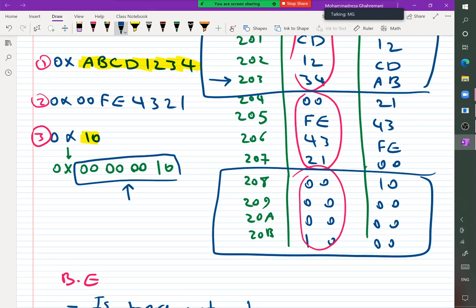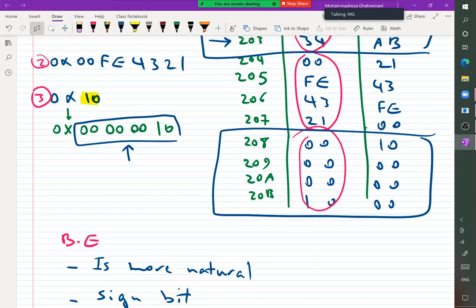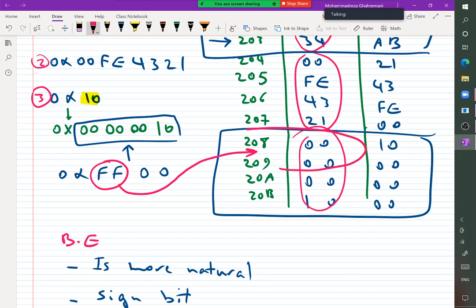And if we want to convert it to another number, let's say add this number with FF00, something like this, and find the effective address, we can simply bring these 2 bytes here and store them in these 2 locations.